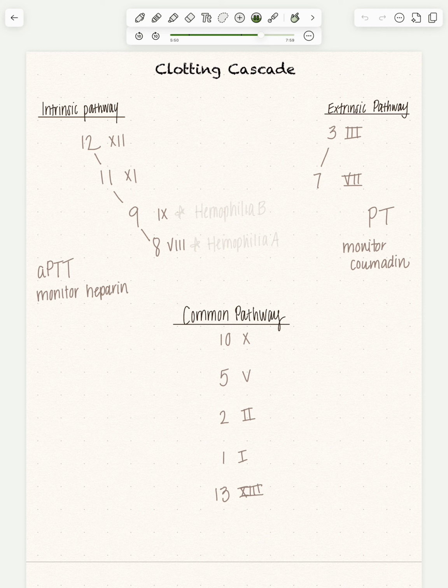Vice versa of that is if you have a deficiency in either factor 9 or factor 8, 11 or 12 as well, but if you had a factor deficiency of 9 specifically, you would have a prolonged APTT, whereas you would have a normal PT test.